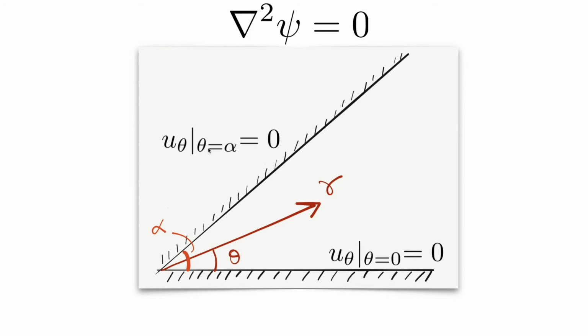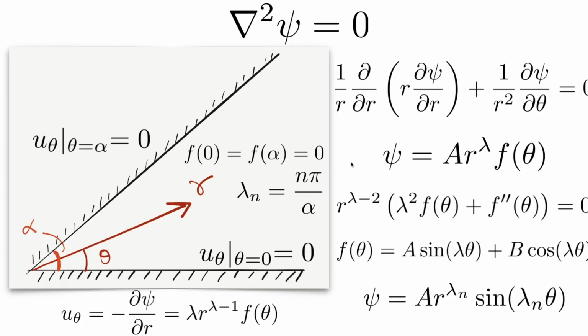Furthermore, we can identify that to the leading order, the solution of this situation can be determined without reference to a solution of the global problem, because for sharp corners, the flow in this region should be self-similar. So we can define a self-similar ansatz, which is A r to the power lambda f of theta, and then plug this into the Laplace of psi equal to 0.